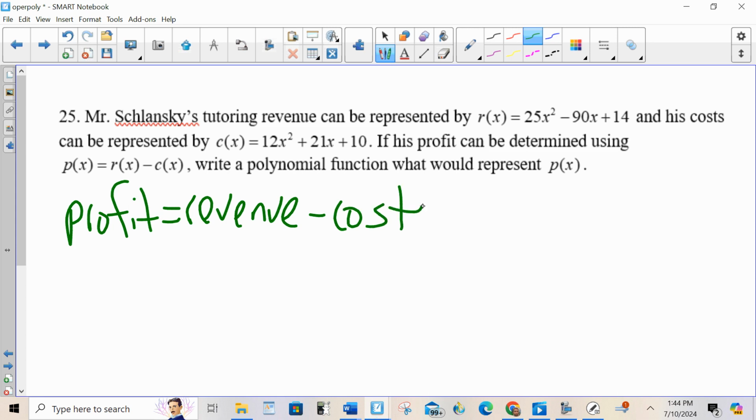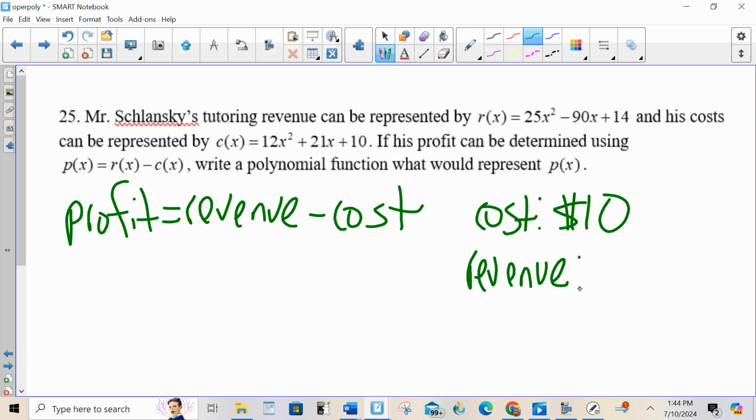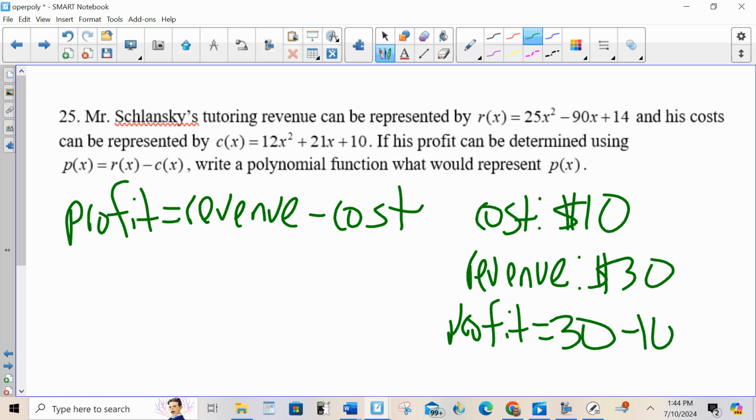If you buy lollipops to sell in school, and your cost is $10 to go to Costco and buy a box of lollipops, and you sell them, the amount you make from selling them is called your revenue, and let's say that's $30, then your profit, the amount of money you made, would be your revenue, 30, minus your cost, 10, which would be 20. Profit is always revenue minus cost.